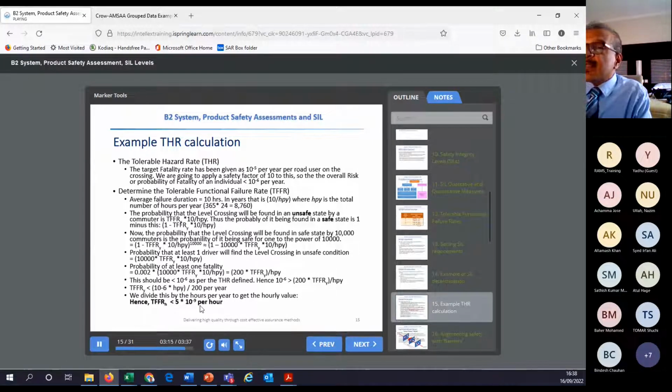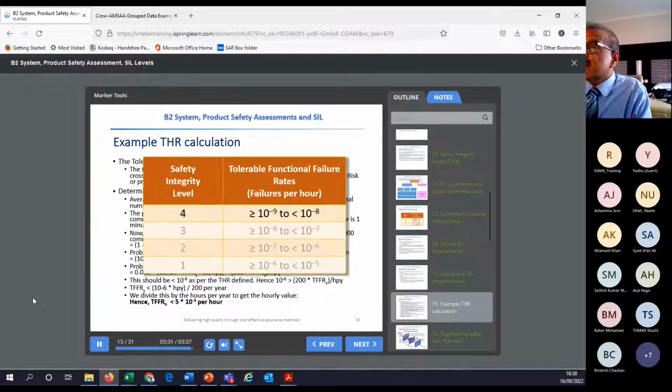We divide this by the total number of hours per year, that is to say HPY, to get the hourly value. And we find that TFFR-H is less than 5 times 10 to the minus 9 per hour. To achieve this, we need a SIL 4 value.